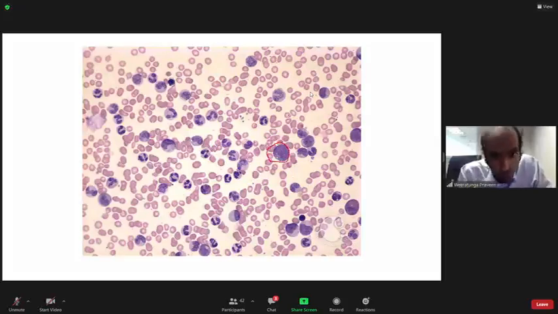But also you can see normal looking neutrophils as well. So there's a range of cell differentiation you see in peripheral blood, ranging from these blast, abnormally large nucleated cells, to more mature looking white cells. So this is a spectrum of cells you see.